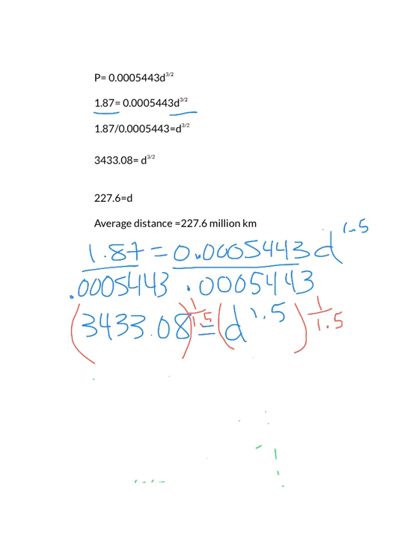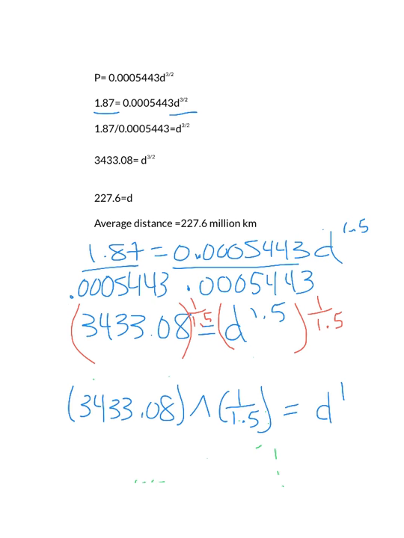So when I'm typing this into my calculator, I type in parentheses 3433.08 to the power of parentheses 1 divided by 1.5, and that is going to equal d to the power of 1, because 1.5 times 1 over 1.5 is going to give me d to the power of 1. So when I type it into my calculator, I still get that 227.6 is your average distance from the sun.